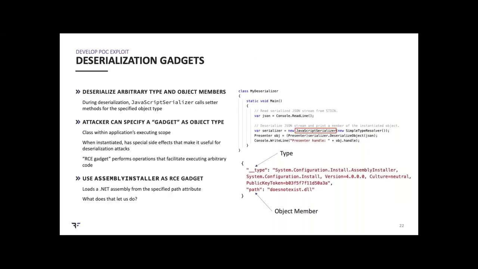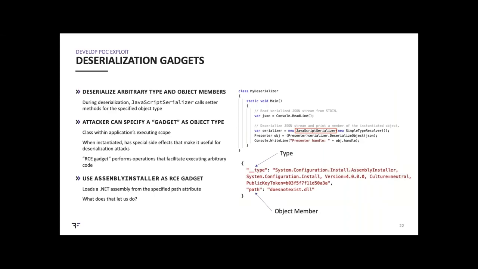Let's continue where we left off in our previous example. We were able to specify an arbitrary type and JSON object the program wasn't expecting. And when we specified that our program should deserialize and instantiate an assembly installer and provided a path to a DLL, that resulting object tried to load that DLL into memory. And the fact that it behaves that way means that the class assembly installer is what we call a deserialization gadget.